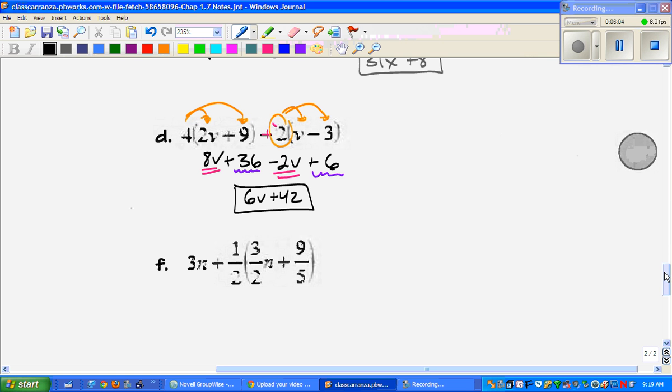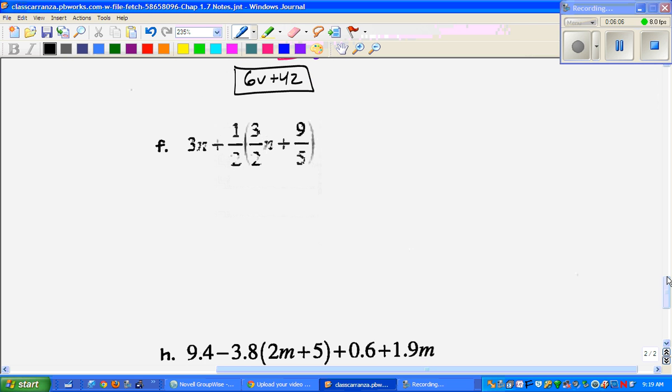All right, now let's start working with some fractions. First thing we're going to do is we have to distribute, and this time we are distributing the fraction. So the 3n comes down.